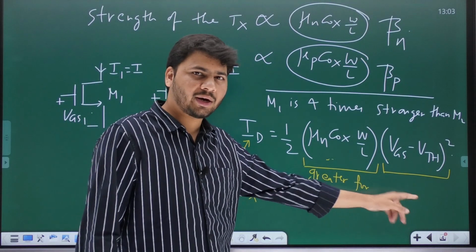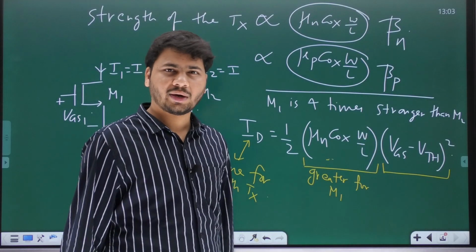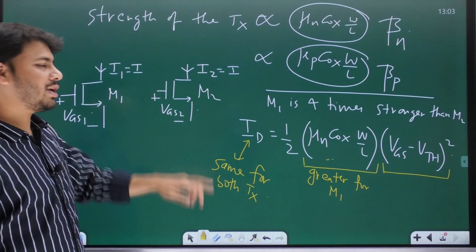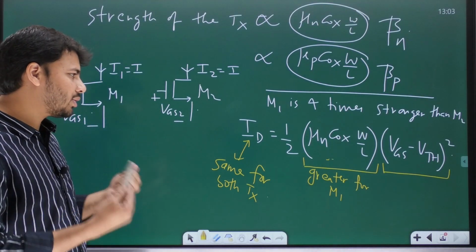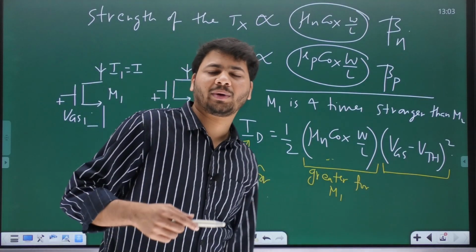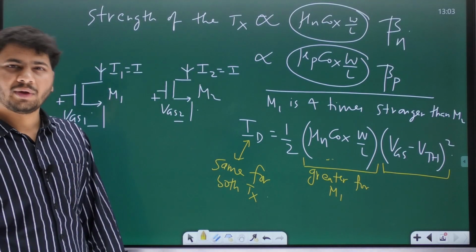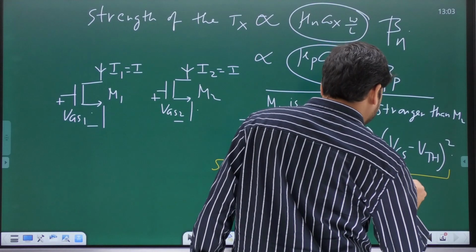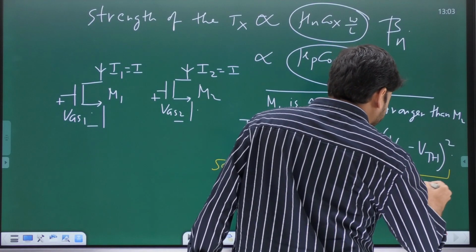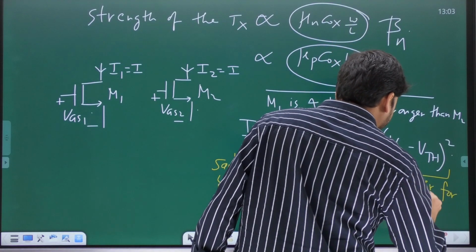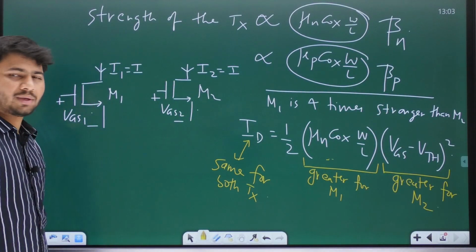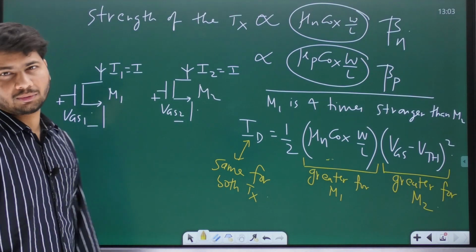Because if both factors were greater for M1, even ID would be greater for M1, but here ID is the same for both transistors. So obviously the other factor has to be greater for the weaker transistor, that is M2. So VGS minus VTH will be greater for the weaker transistor, and in this case it is M2 that is weaker than M1.